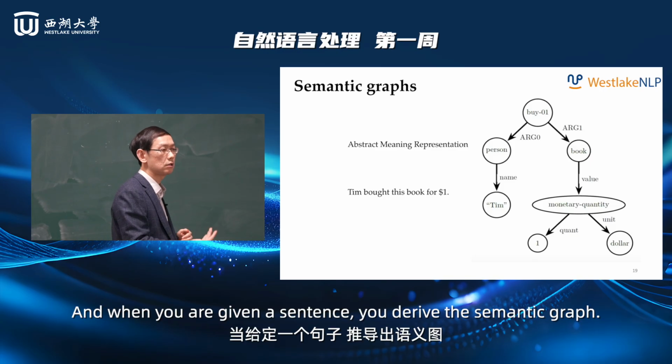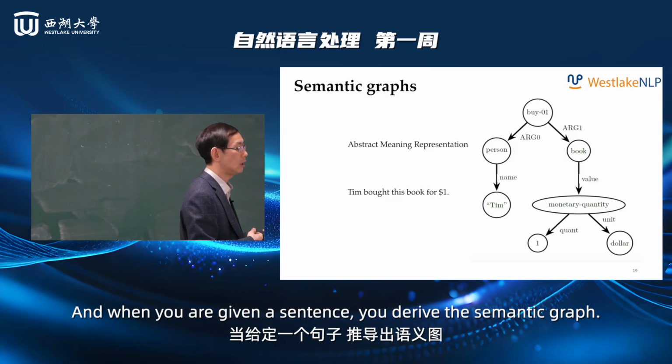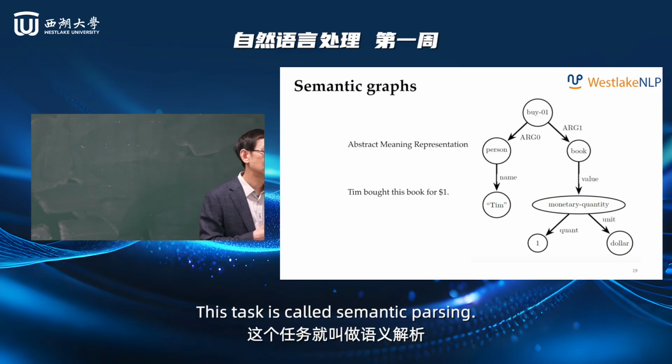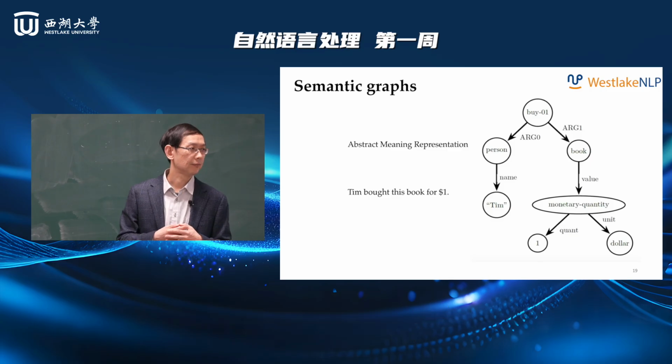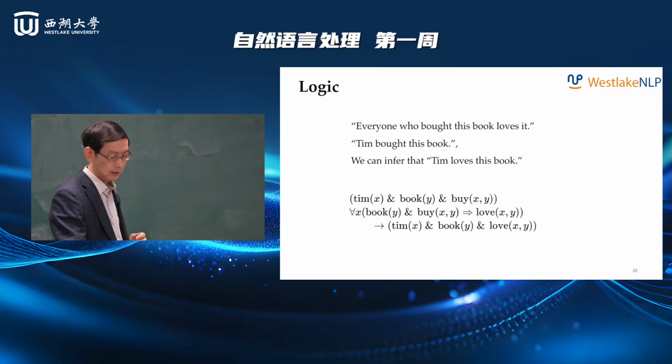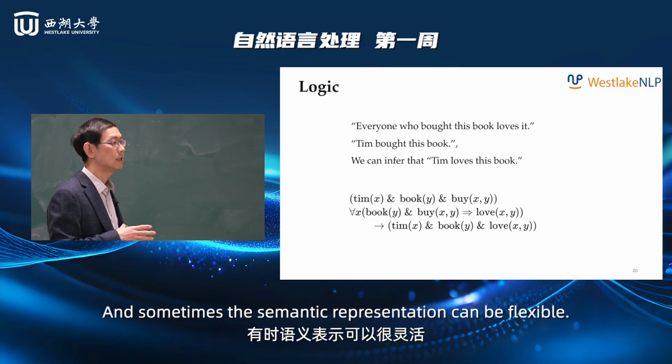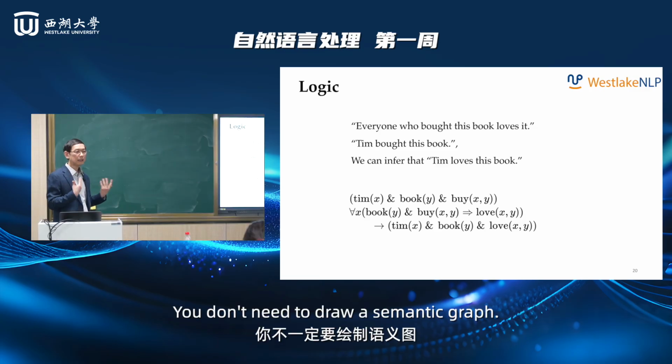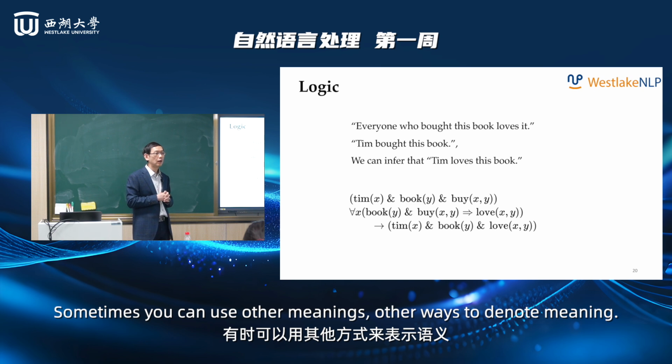And when you're given a sentence, you derive the semantic graph. This task is called semantic parsing. All right? And sometimes the semantic representation can be flexible. You don't need to draw a semantic graph. But sometimes you can use other ways to denote meaning.